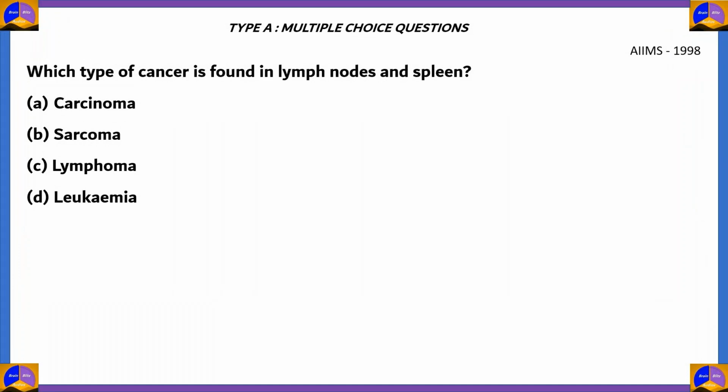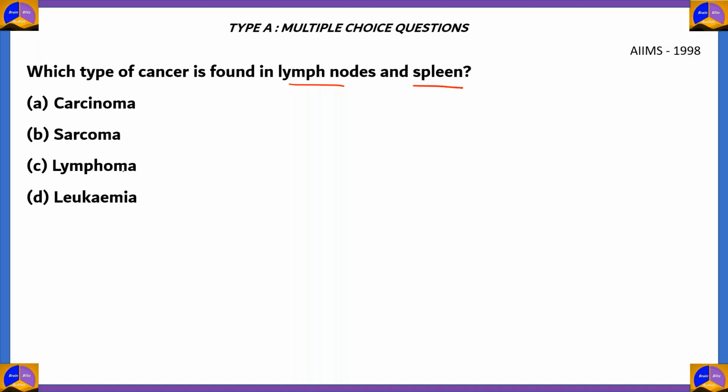Next question. Which type of cancer is found in lymph nodes and spleen? Carcinoma, sarcoma, lymphoma, and leukemia. Now these are different kinds of cancers, and we need to find out which of these is occurring in the lymph nodes and spleen.